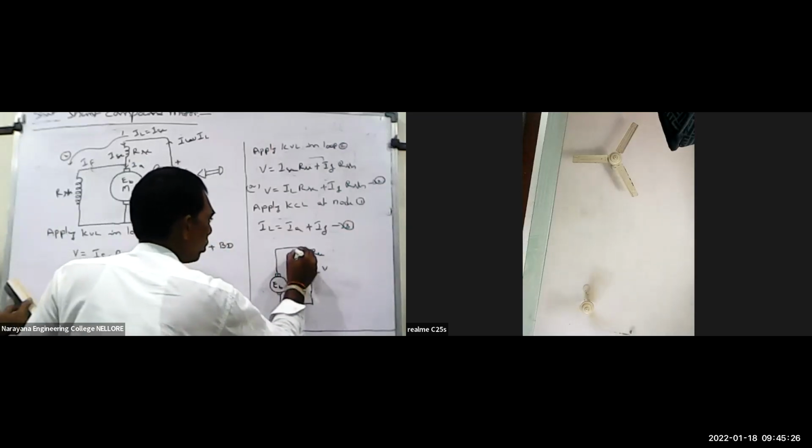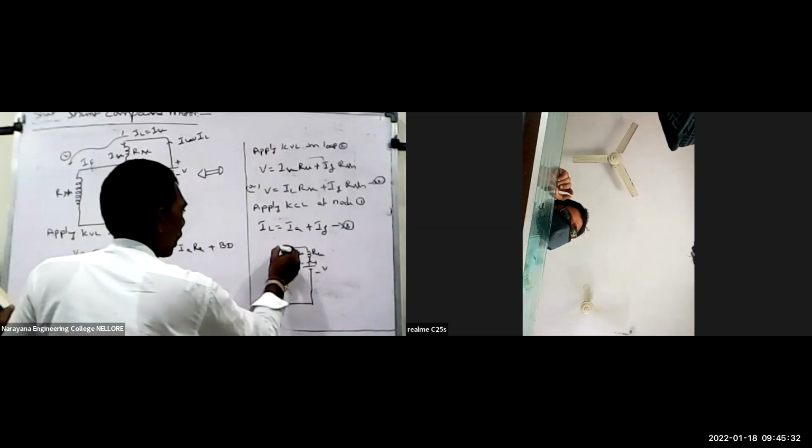The current delivered by the source is equal to IL, and the current passing through the series field winding is ISC. The current passing through the armature is represented as IA.